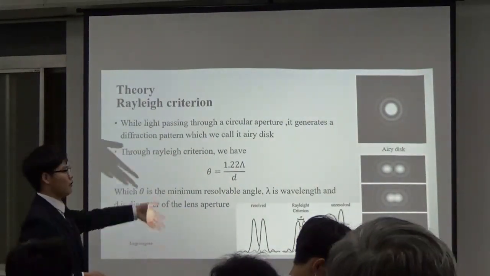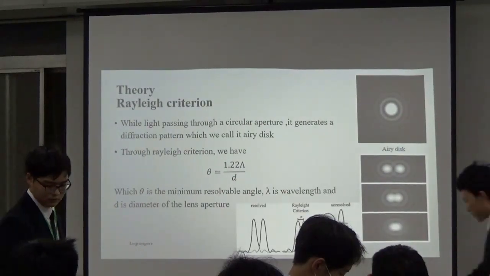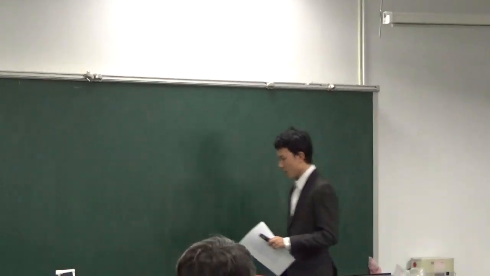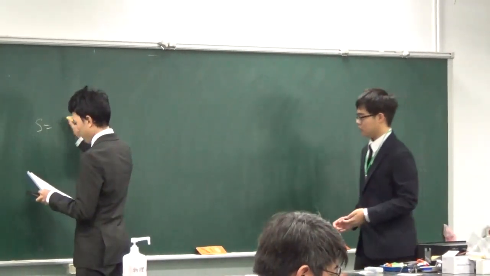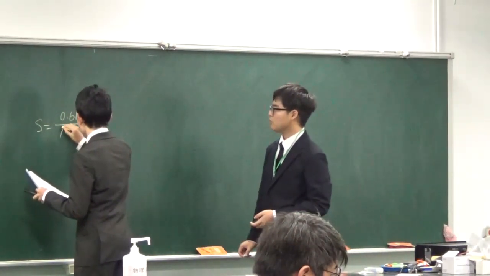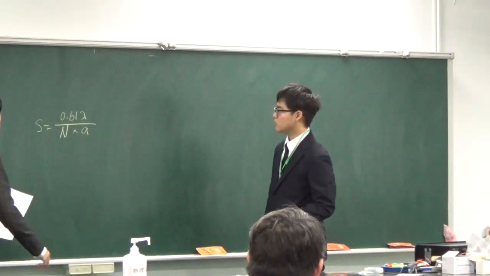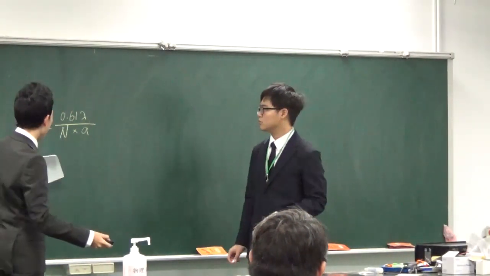You explain the Rayleigh criterion. Can I use the board? I want to show something. For a normal microscope, I think there is another equation that maybe we have heard of, which I think is very similar to your formula, and we think that these two have a correlation.